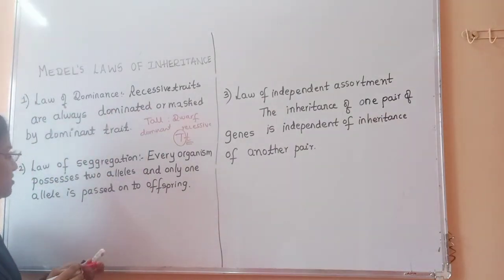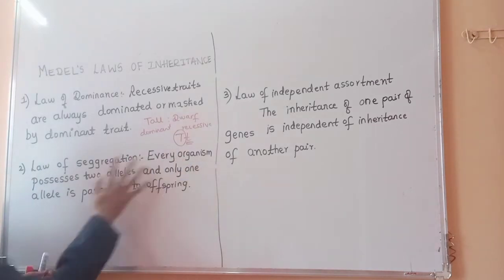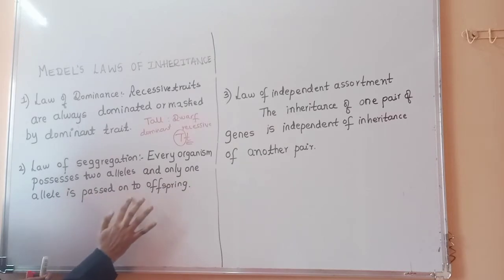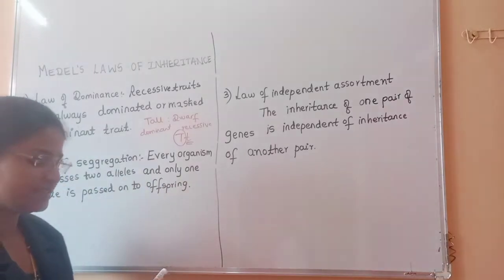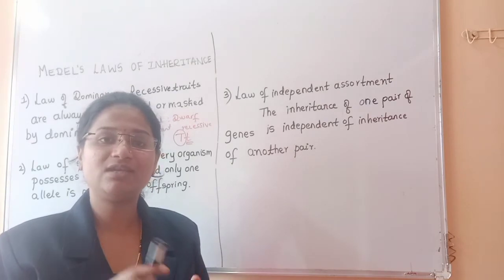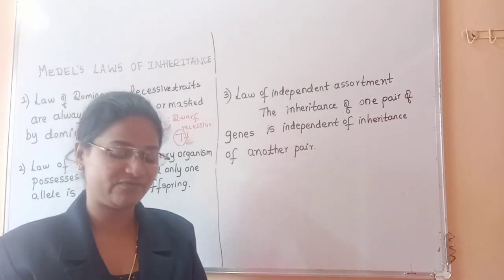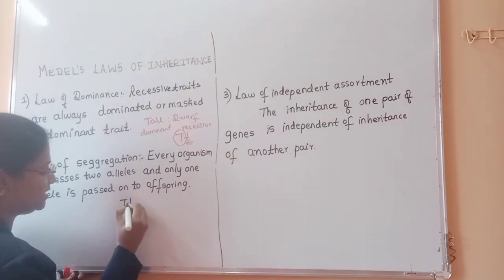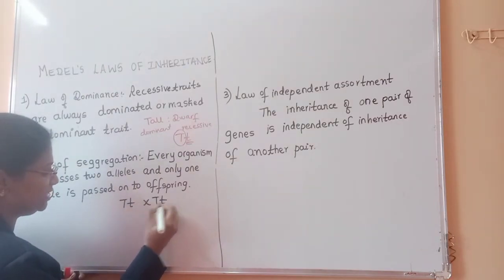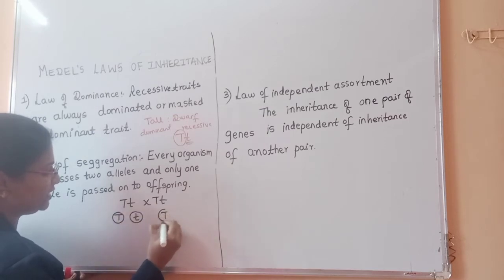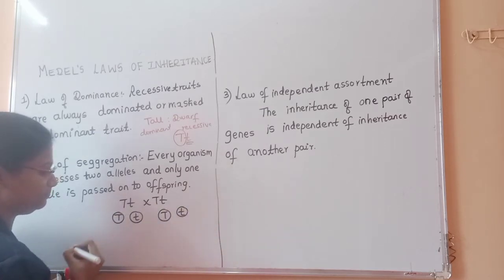Next we have law of segregation. Every organism possesses two alleles and only one allele is passed on to the offspring. Suppose in the monohybrid cross, we consider the self-pollination or selfing of F1 individual, that is during gamete formation, we can see Tt crossed with Tt. So we will get T and t from one, and T and t from the other.